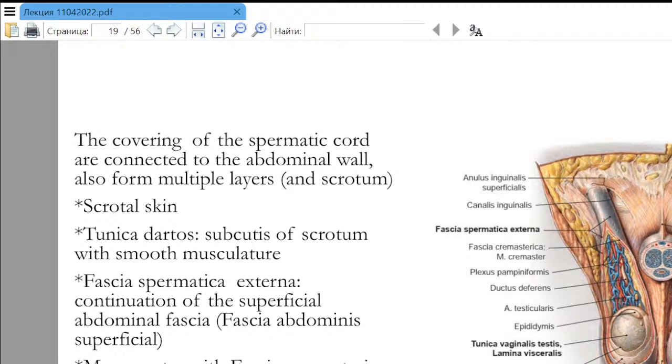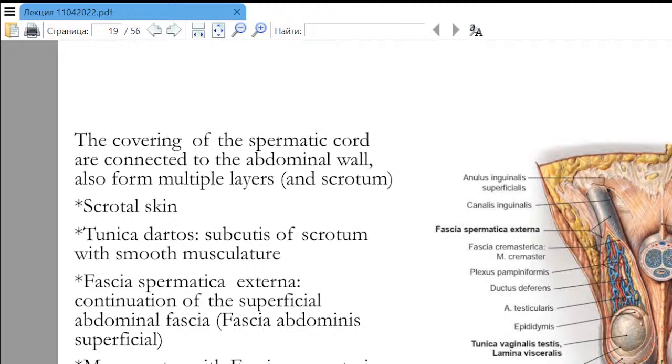Next, the fascia spermatica externa, a continuation of the superficial abdominal fascia, fascia abdominalis superficialis.